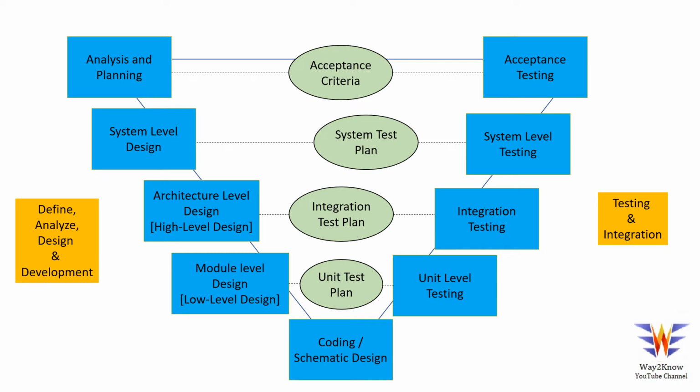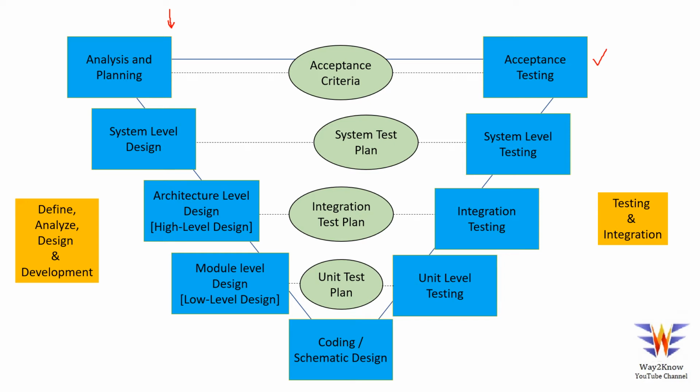You can see here, this is a V where the process starts with analysis and planning, and then goes till acceptance testing. The section on the left is called the design and development phase, whereas the section on the right is called the testing and integration phase. What is so important about this V model is that the design and development phase is strongly linked to the testing and integration phase.